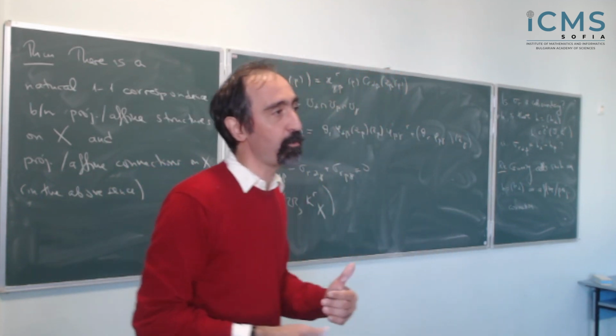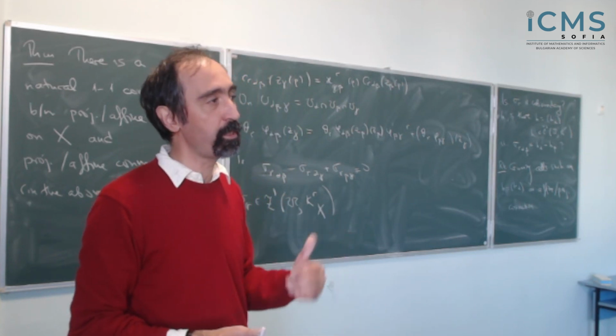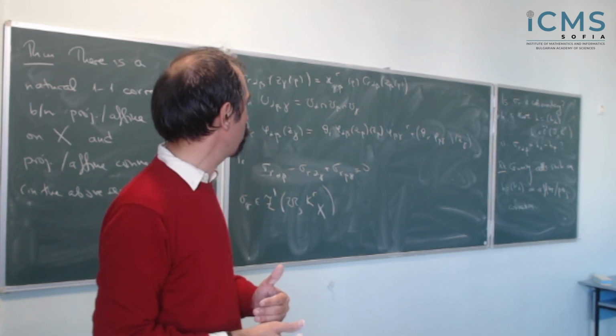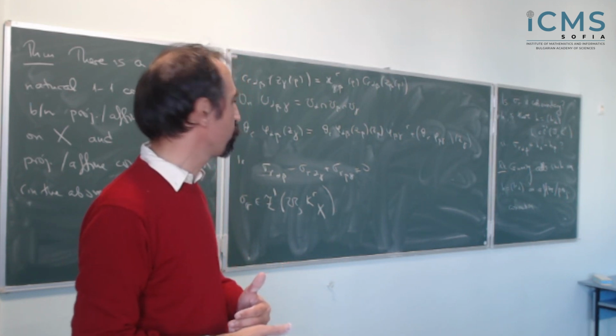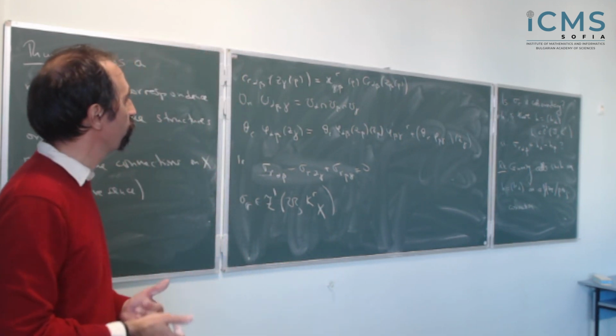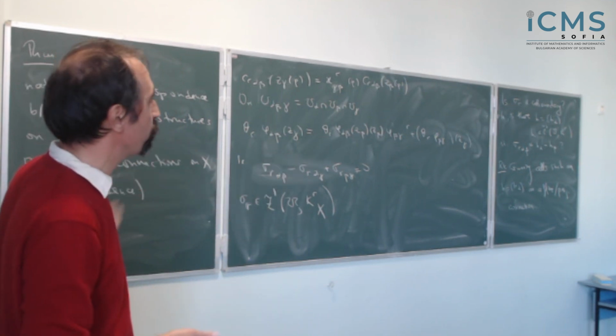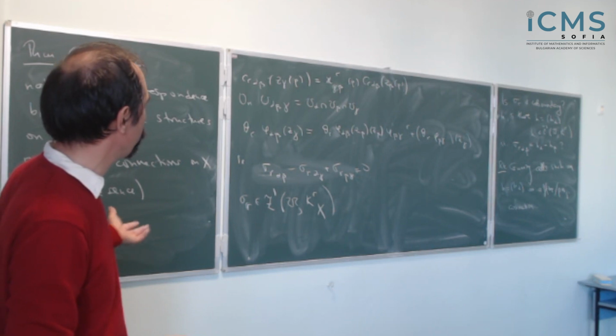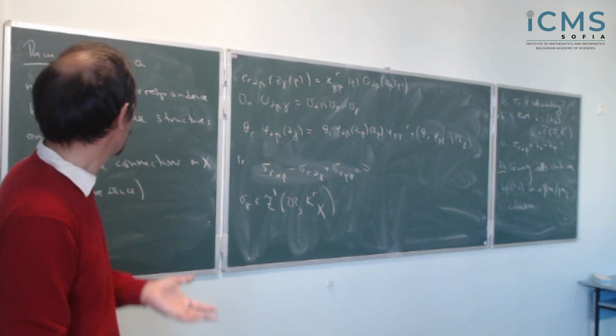So the question boils down to some differential equation admitting local solutions. So from each such class, you get your projective structure. From each projective structure, you get such a class.